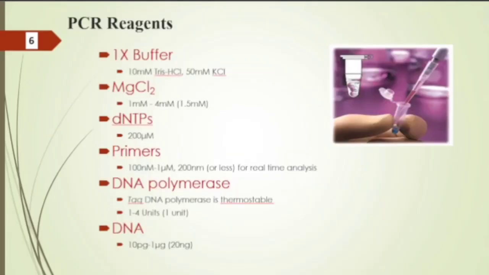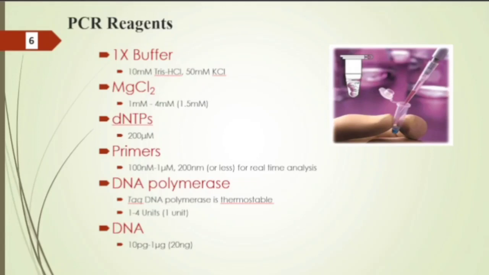Next, what are the reagents required for PCR? These are the reagents: 1x buffer, magnesium chloride, different types of dNTPs, primers, and DNA polymerase enzyme. This is also called Taq polymerase.